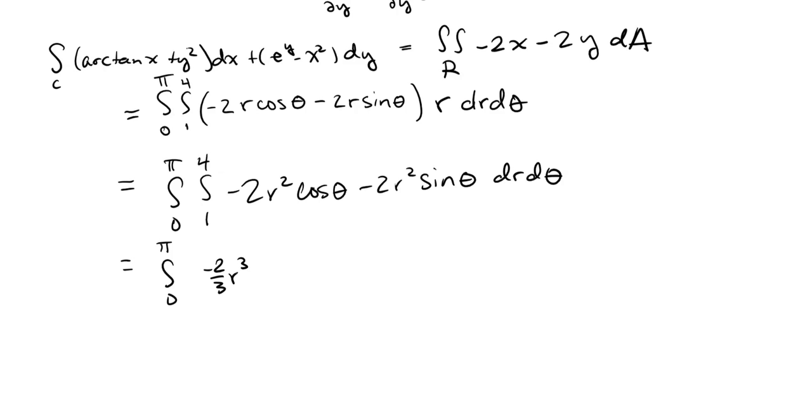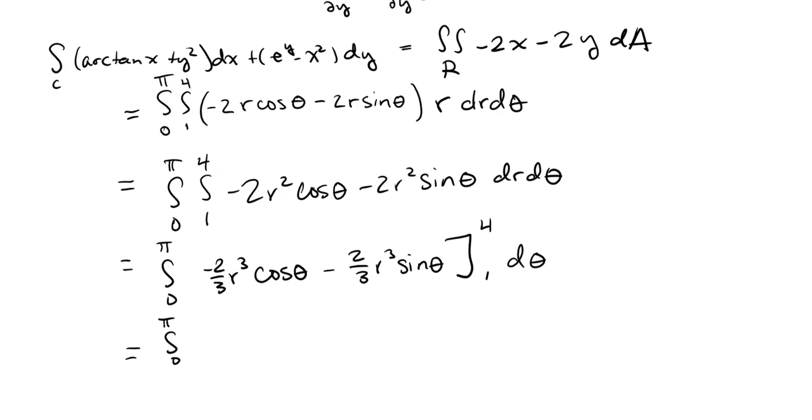-2/3 r cubed cosine theta, and then another -2/3 r cubed sine theta. Evaluate that from 1 to 4, d theta. So I'll have the integral from 0 to pi.